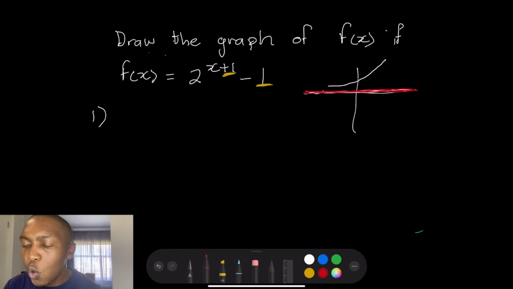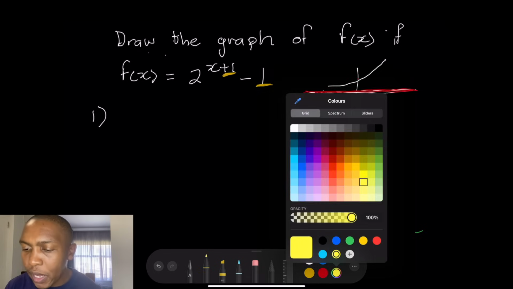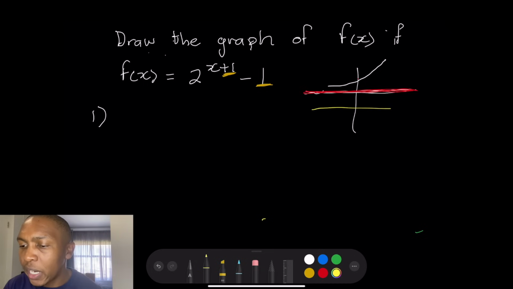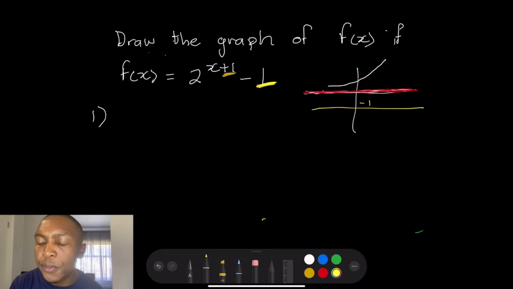Now, it's no longer going to be a horizontal asymptote, but instead, -1 is going to be our asymptote because of that vertical shift. It's been shifted vertically by 1 unit, so we've shifted it down by 1 unit.